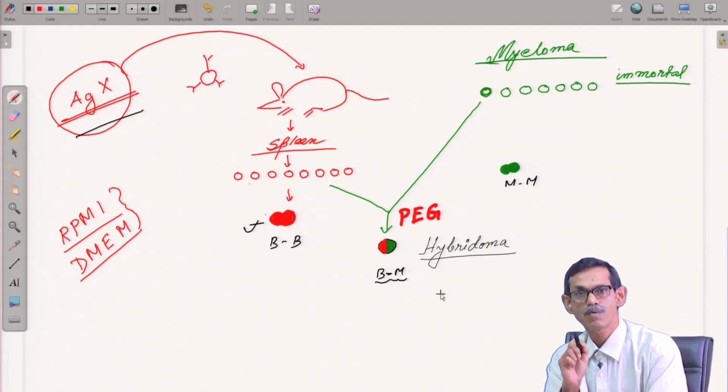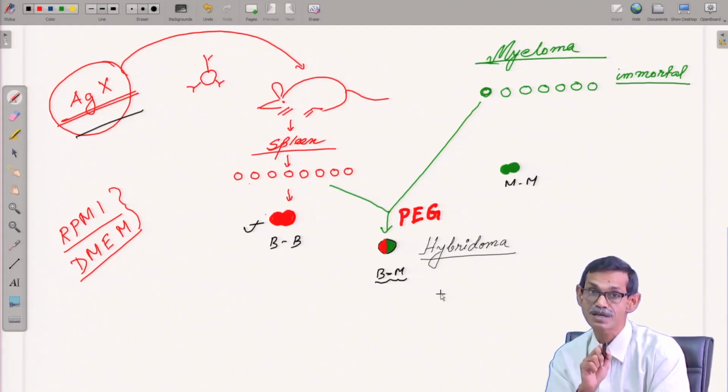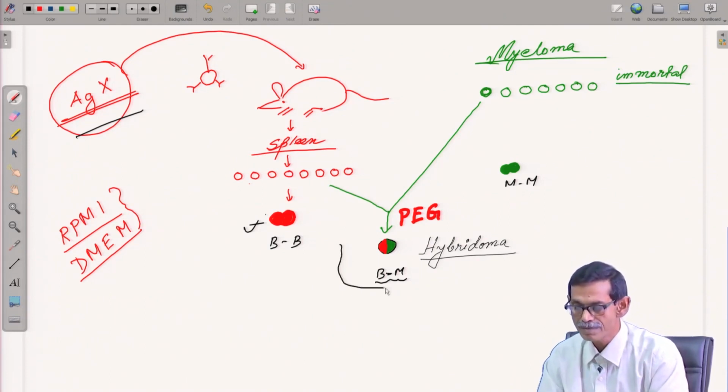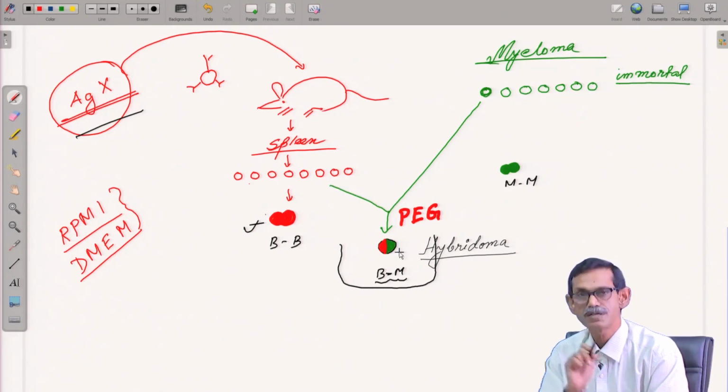So, what do we have to do? We have to figure out something so that they will not survive. So, now we will put them in a medium where only this cell will survive.